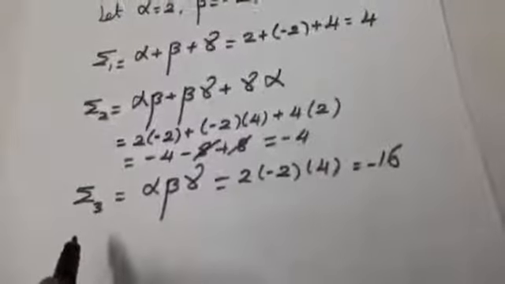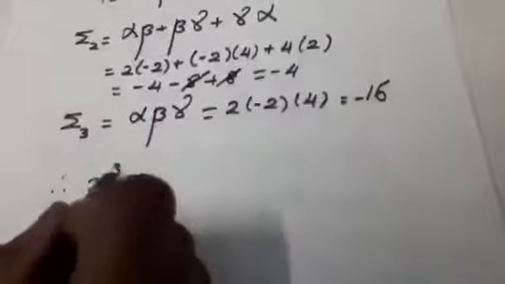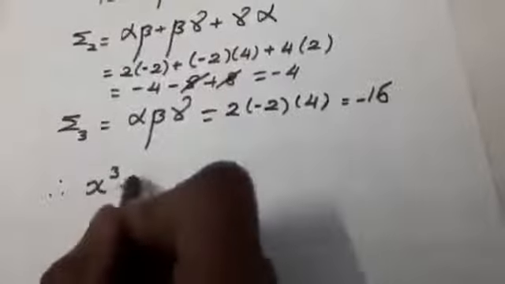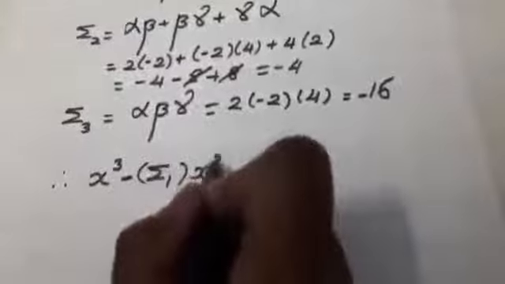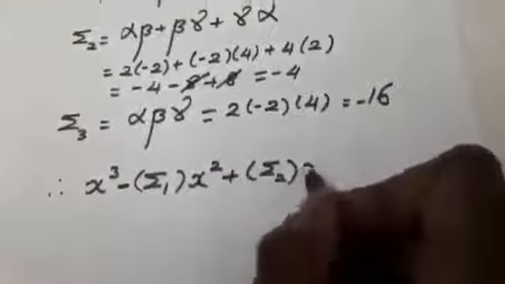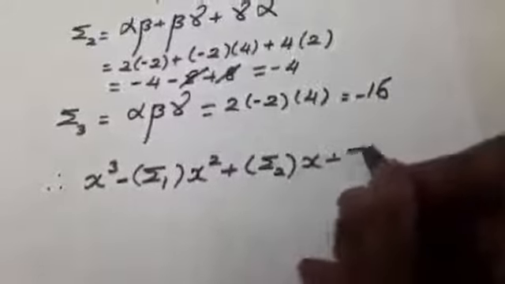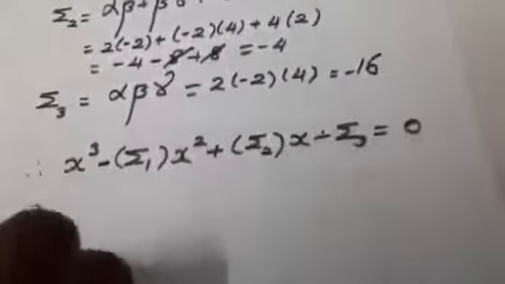What is the formula to form a cubic equation? That is x cube minus summation 1 x square plus summation 2 x minus summation 3 equal to 0. That implies you are going to replace the value, students.